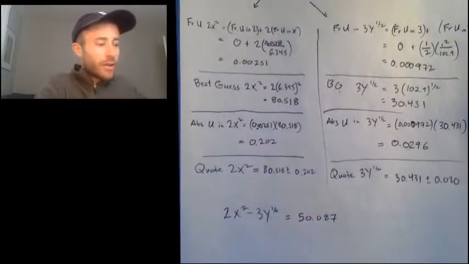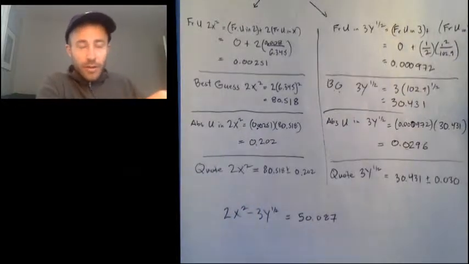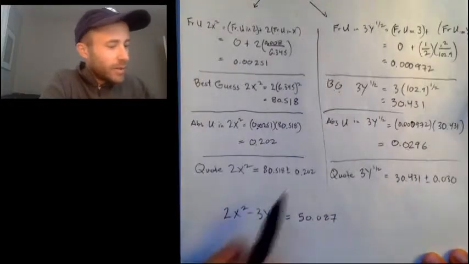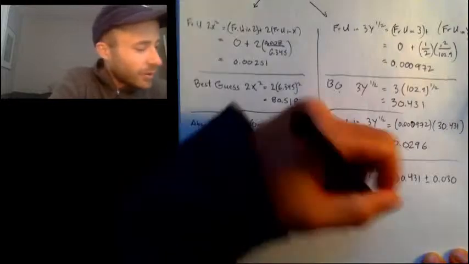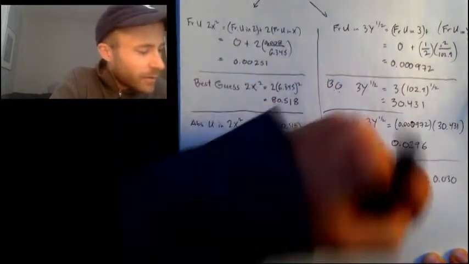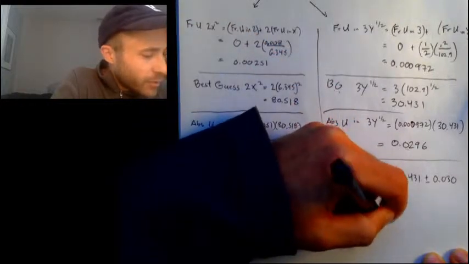Now here's the thing. Now I am just subtracting. I'm not doing multiplication. So it's not the fractional uncertainties that add, it's the absolute uncertainties that add. So I'm going to take just these two numbers and add them together. Plus or minus 0.232.